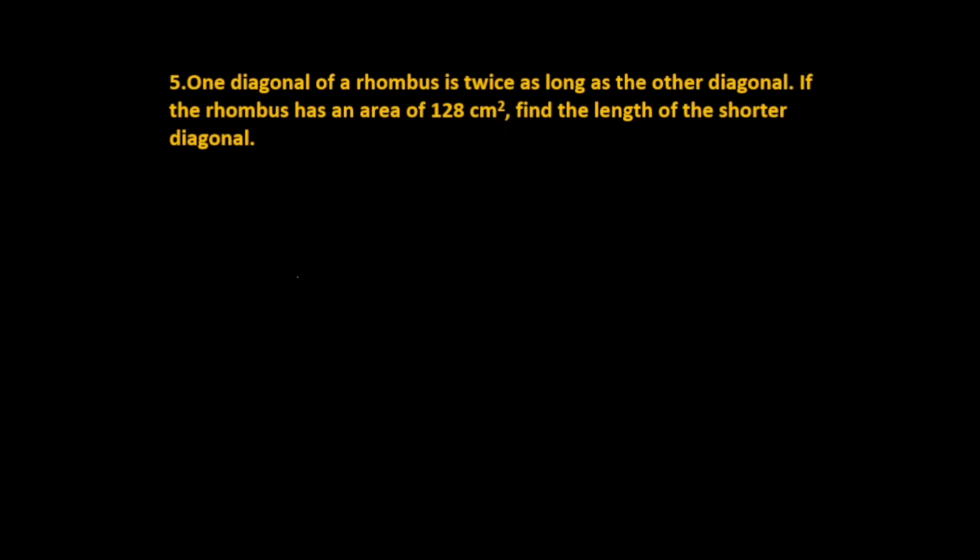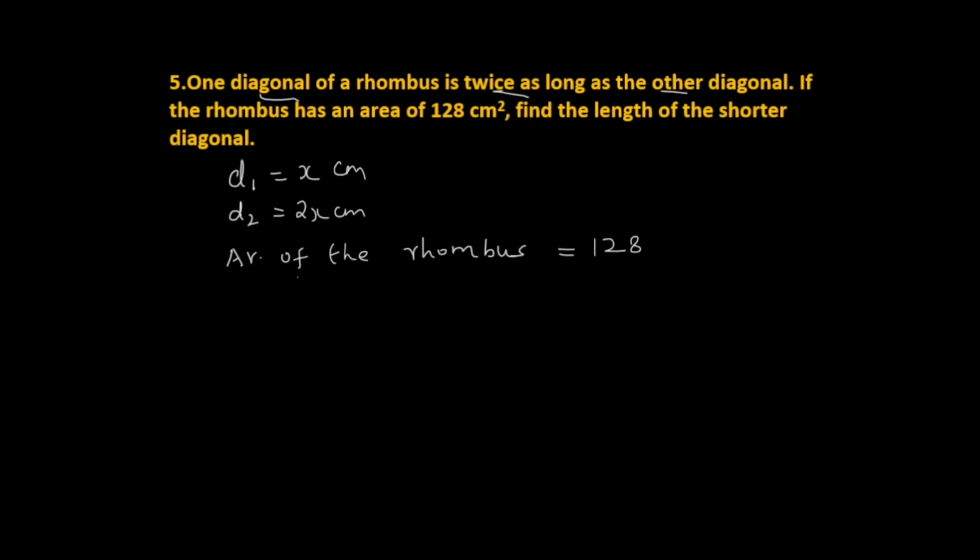Now the given information is one diagonal of the rhombus is twice as long as the other diagonal. So if D1, diagonal 1, is equal to x centimeter, D2 is nothing but 2x centimeter, and another piece of information given here is that the area of the rhombus is equal to 128 centimeter squared.